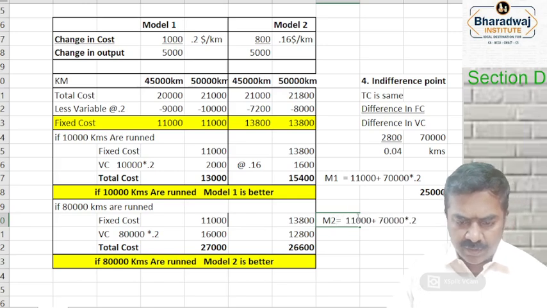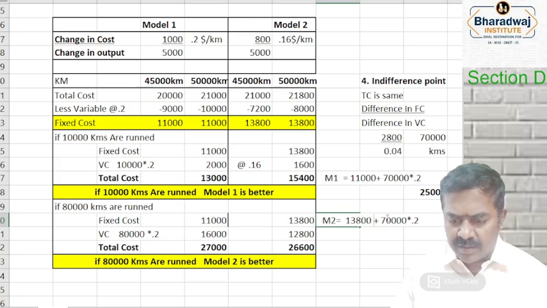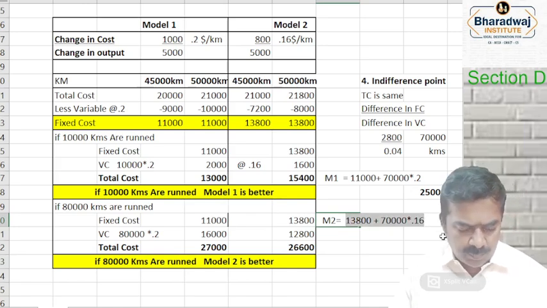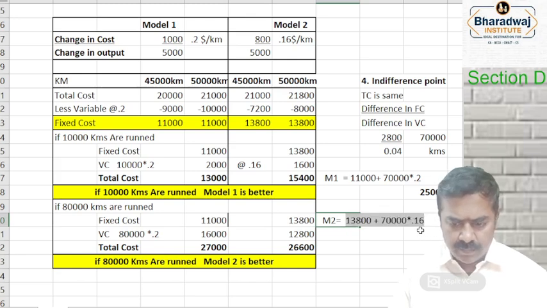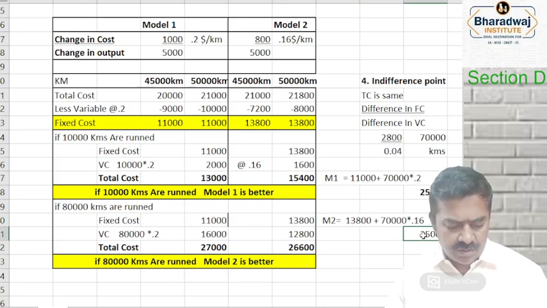Model 2. What is model 2's fixed cost? 13,800 plus 70,000 into 0.16. You will get the same total cost.